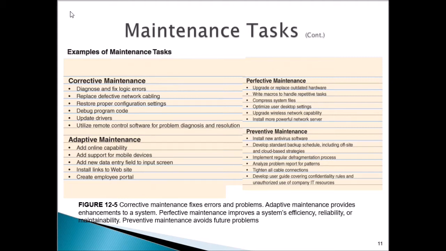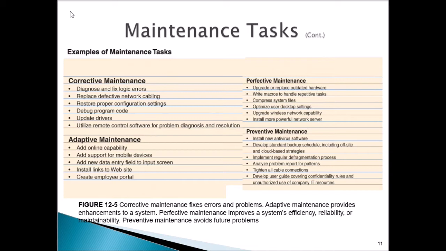Preventative maintenance is always going to be there. When you think of maintenance, this is really the maintenance that we need to keep up with on a system. That includes developing backup schedules and handling backups, installing and updating antivirus software, analyzing problem reports for patterns, checking cabling. That's something that I can't say enough for.